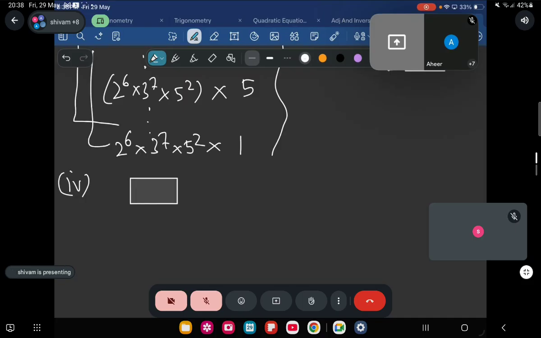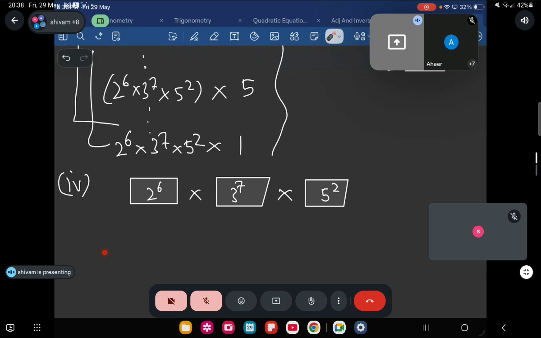One contains 2 to the power 6, another contains 3 to the power 7, means only the factors of 3. Another contains 5 square, means only the powers of 5. Okay, everyone. Try to understand, if you are taking one factor from over here, you have to actually take all of the factors. You cannot leave anything.